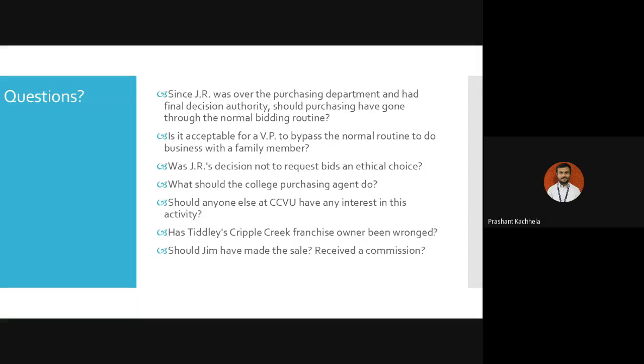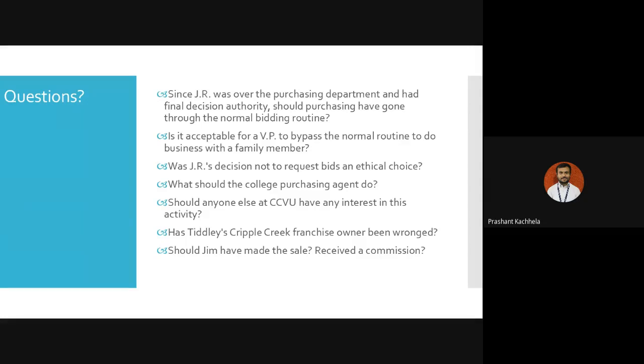The first question is that since JR was over the purchasing department and had the final decision authority, should purchasing have been done through the normal bidding routine? We have seen that he was not following the normal routine. That means a bidding process is required for any purchase, but he didn't do that.